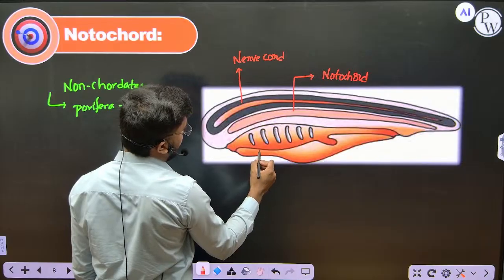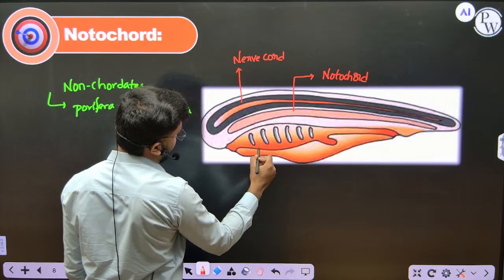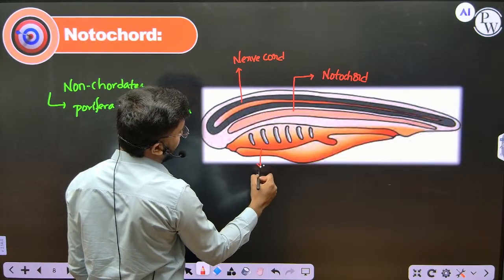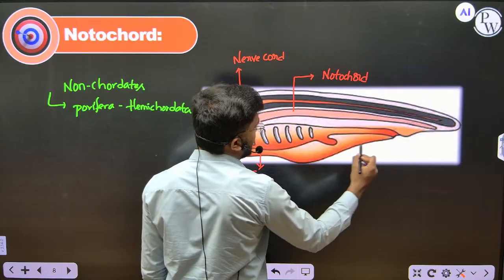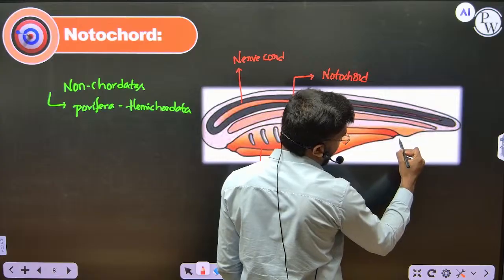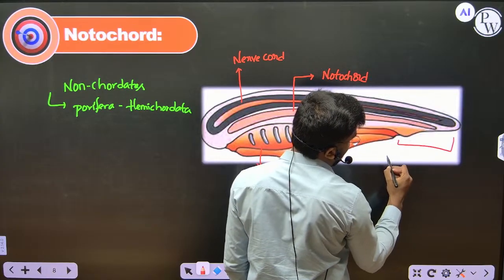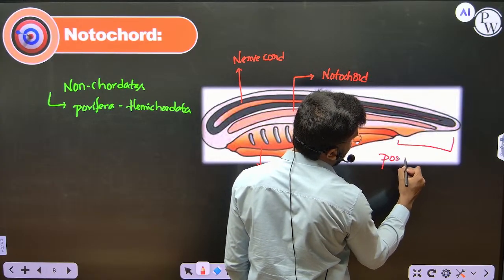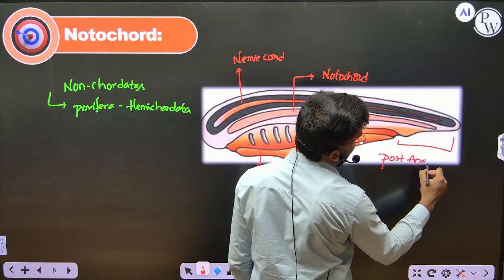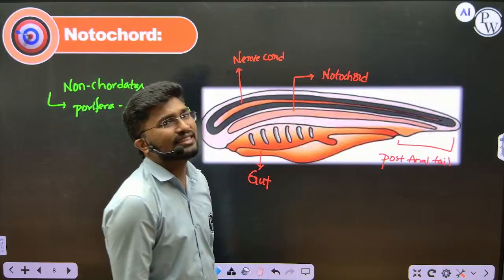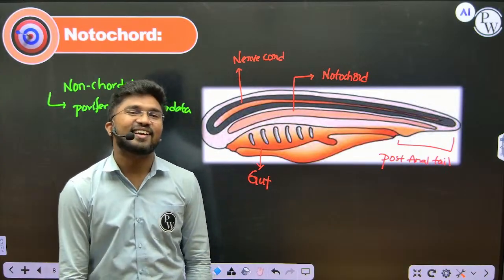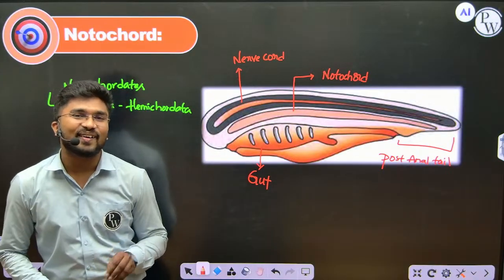And this is the gut. This is the anus. After the anus, a tail-like structure is present, so it is called the post-anal tail.